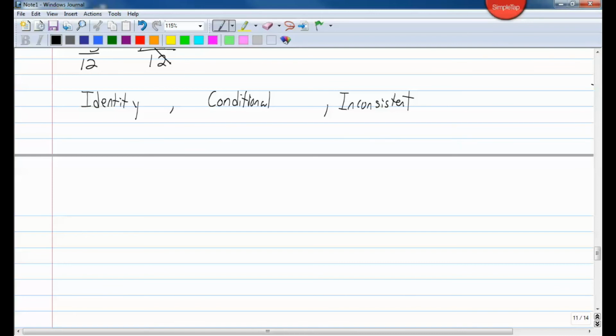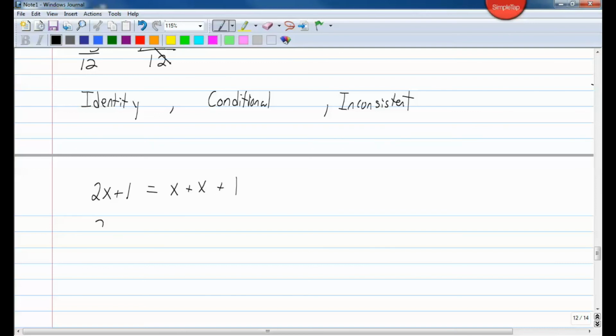An equation is an identity if for every real number that we plug in, both sides of the equation are equal. So that would be something like, let's say I had 2x plus 1 equals x plus x plus 1. Okay? For any value you plug in for x, as long as you plug it in everywhere, any real number, both sides of the equation will always be equal.